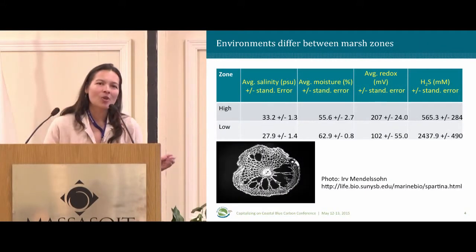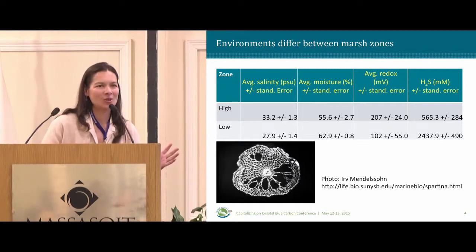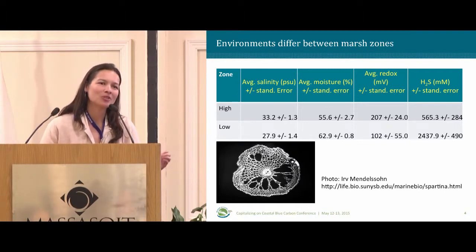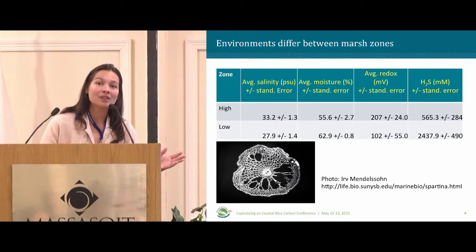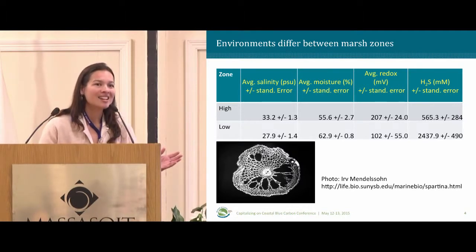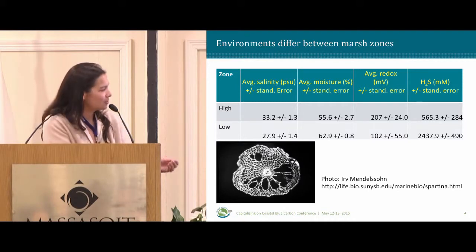And these are some of the environmental factors that vary as one moves from the smooth cordgrass, low marsh zone up to high marsh communities where there's greater plant diversity. First of all, salinity increases when there's higher rates of evaporation and less tidal inundation. And so these are just some average numbers in terms of salinity.